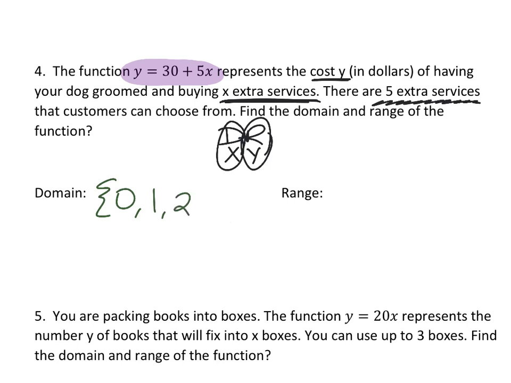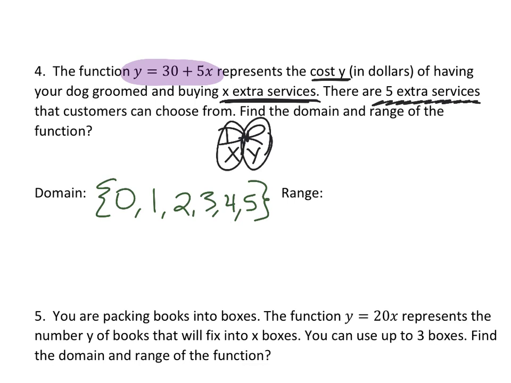I could have 2, 3, 4, 5. Can I have 6 extra services? Do they offer 6 extra services? No, so we have to stop at 5 because they only offer 5 extra services at this grooming place. So our domain is only 0, 1, 2, 3, 4, and 5. I can't buy half an extra service. That's not a thing. So I have whole numbers. I have no fractions. And I have the numbers from 0 to 5 in my domain.